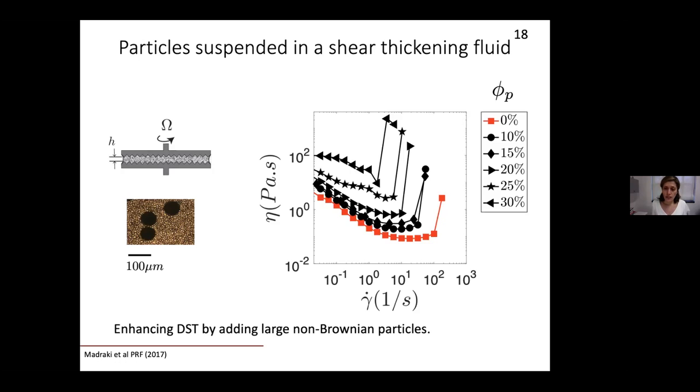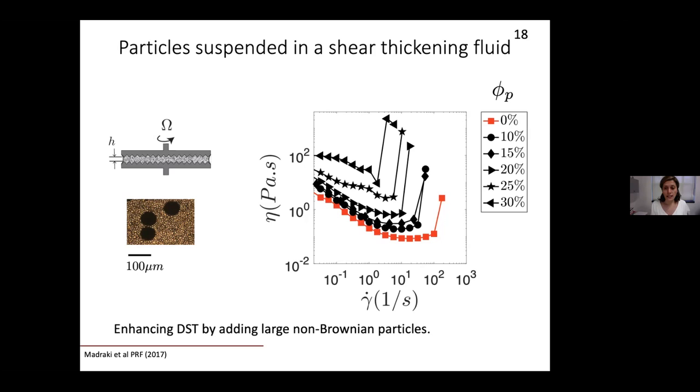So now the question is whether my scaling law would predict the behavior of such suspensions if I start adding larger non-Brownian particles into them. And the reason I'm doing that goes back to the beginning of the talk, where I talked about the mixture of cement and sand and gravel that would produce concrete.